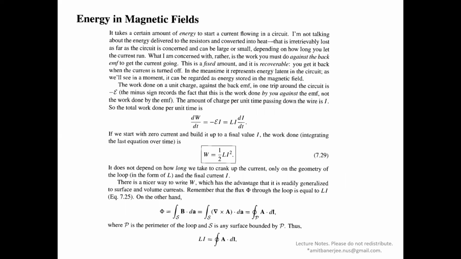Now we also have to calculate the energy stored in the magnetic field. You can understand that there is a sort of resistance because of this property. Naturally that requires some amount of work to build up the current, and that work is actually stored as energy in the system.